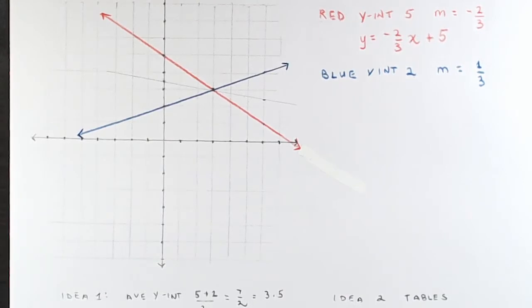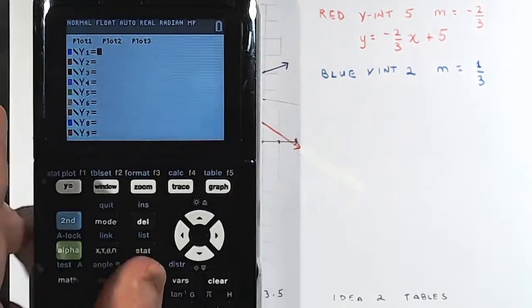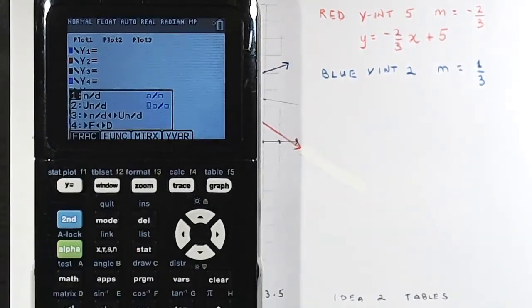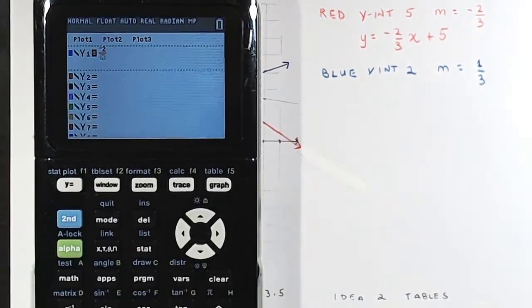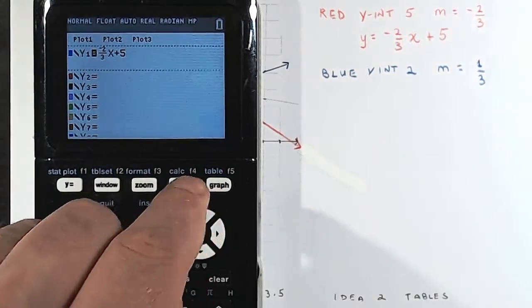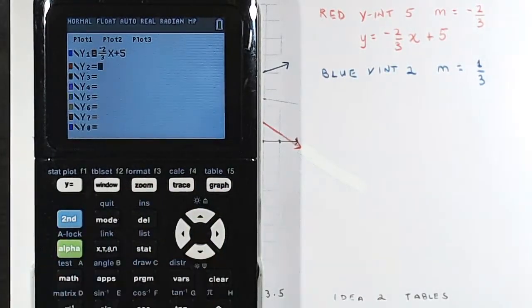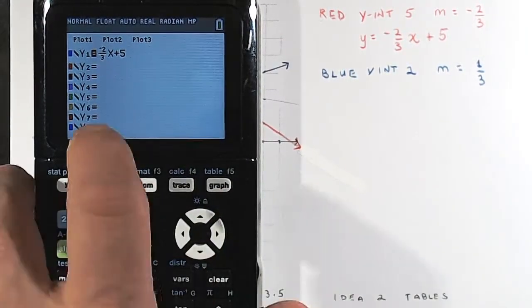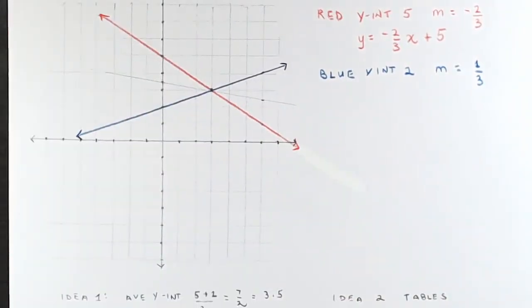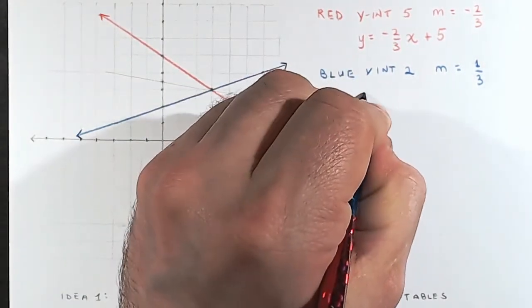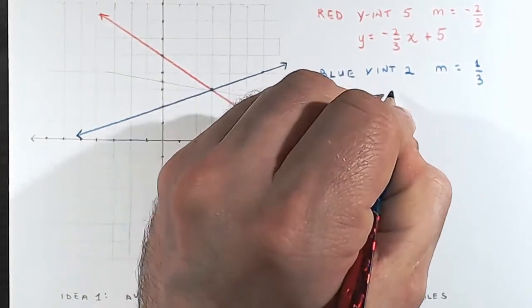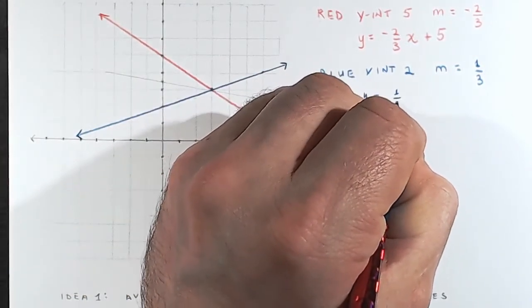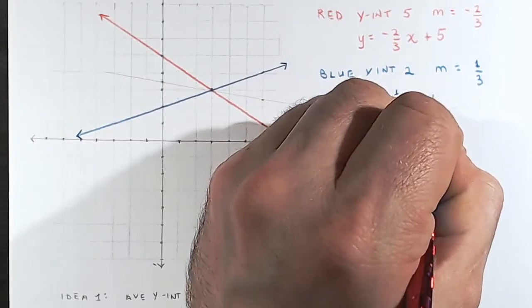You know what would be a lot easier is just to plug it in the calculator. Negative 2 over 3 x plus 5, and then hit second. Well, let me plug in the other equation. So the second equation, I guess I never wrote it. The second equation is y equals 1/3 x plus 2.